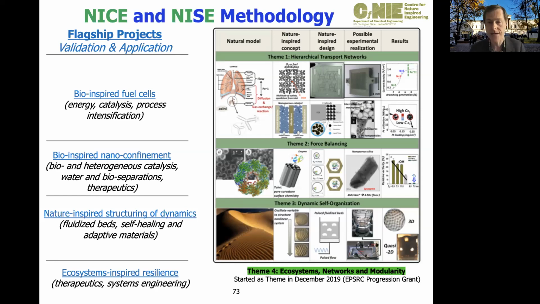In fact, on this slide, there's another example in catalysis. I illustrated it for fuel cells, for membranes, for coatings, and then learning from nature-inspired structuring of dynamics, even from non-living systems like the dunes. What can you learn from them to pattern and structure fluidized beds, and even, in this way, when you want to mix some particles that you want to dry or coat, to do this much more effectively.